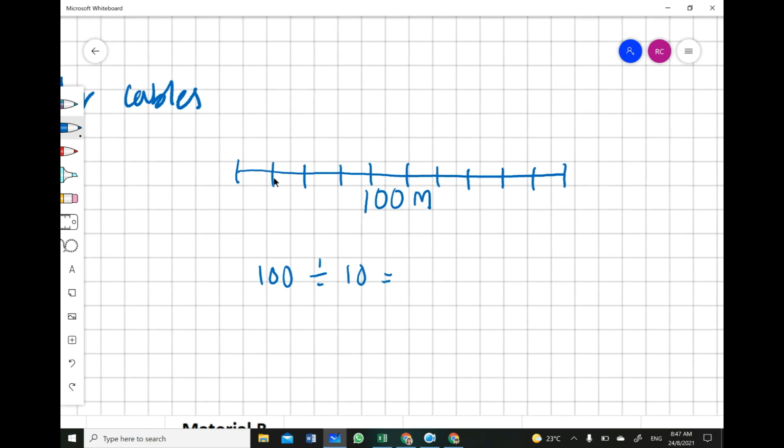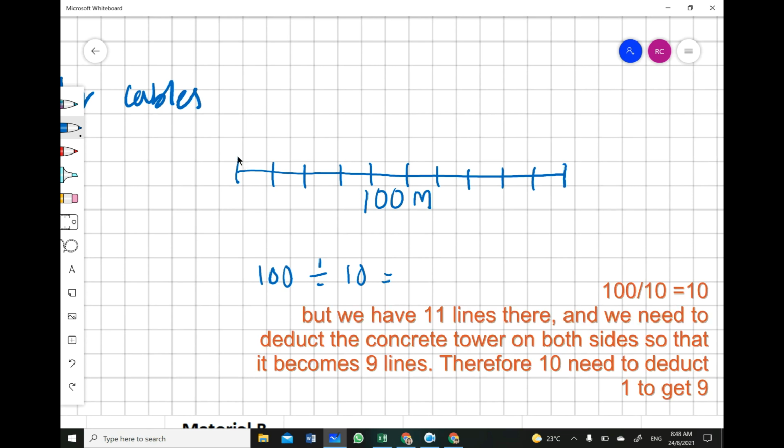Okay, this is 1 part, 2 part, 3, 4, 5, 6, 7, 8, 9, 10. 10 parts, right? 100 meters divided by 10 parts. So it's a different thing when it comes to suspender cables. You are going to count the lines. You see the lines over here. 1, 2, 3, 4, 5, 6, 7, 8, 9, 10, 11. So we will have 11 over here. That's why we have to minus 1 to get 10 parts. You understand what I mean?